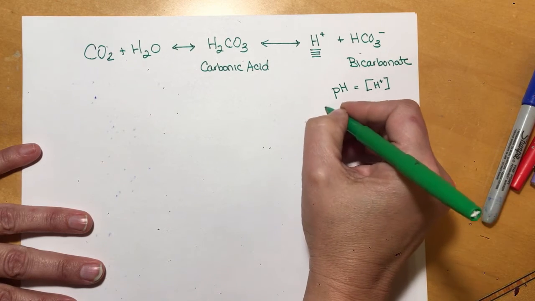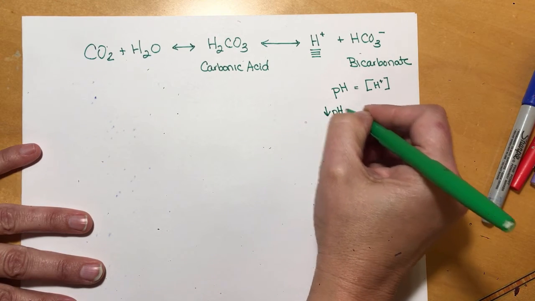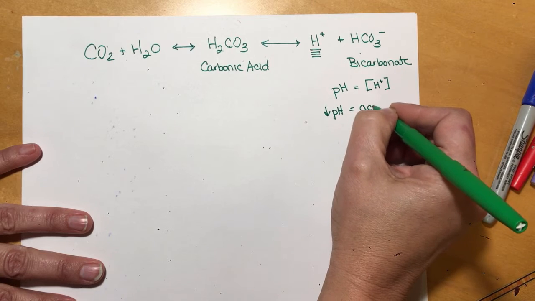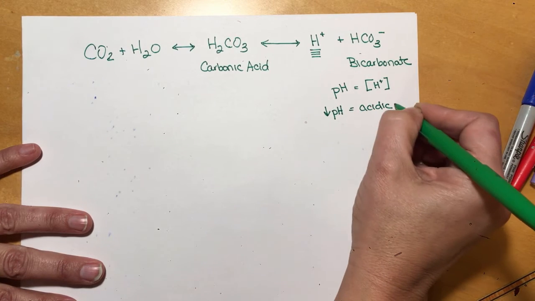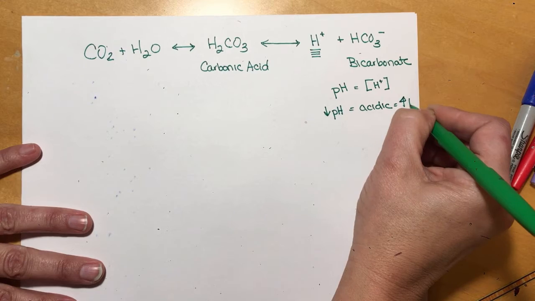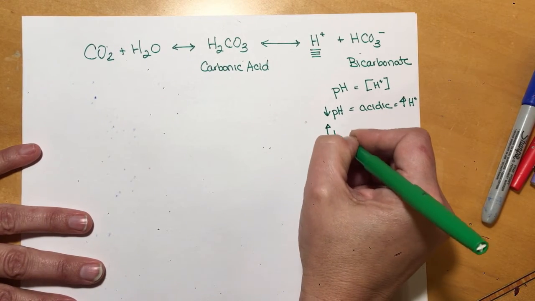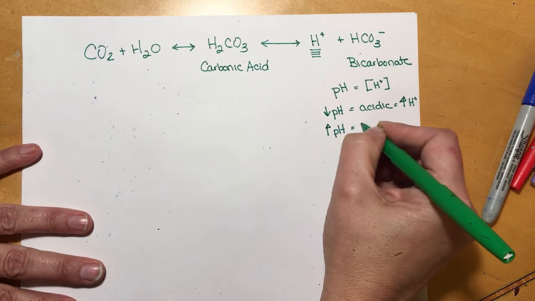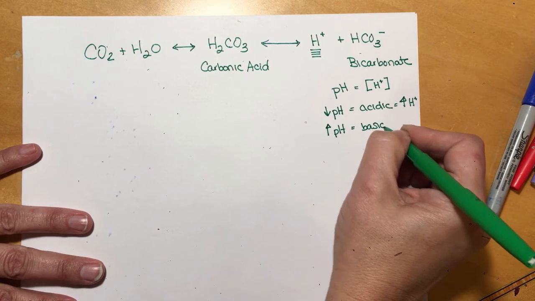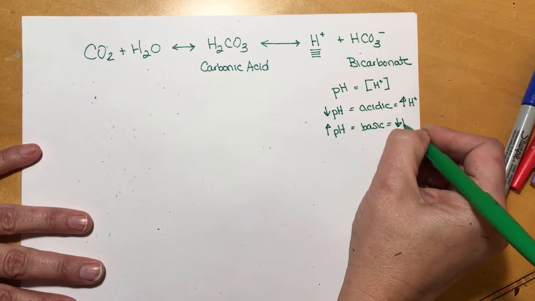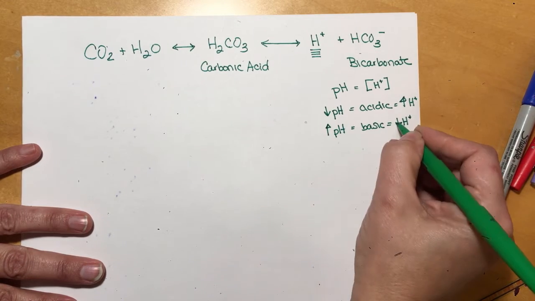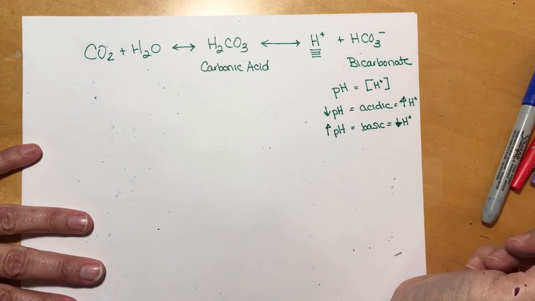So a pH that's low is going to be acidic and is going to have lots of hydrogen ions. A pH that's high, above 7, is basic and is going to have very little hydrogen ions. It has a lot more hydroxide, which is the OH.